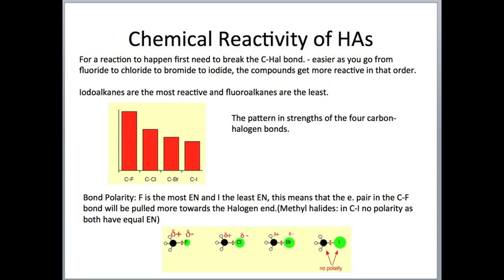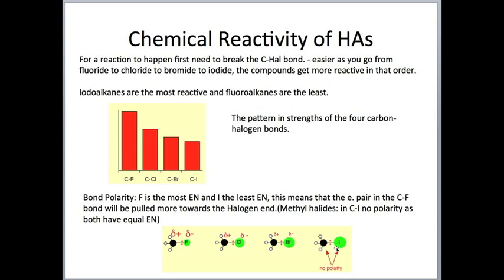Also, of the four halogens, fluorine is the most electronegative and iodine is the least. That means that the electron pair in the carbon-fluorine bond will be dragged mostly towards the halogen end. If we look here at some methyl halides, we can see with the fluorine-to-carbon bond that the carbon becomes quite delta positive and the fluorine quite delta negative.